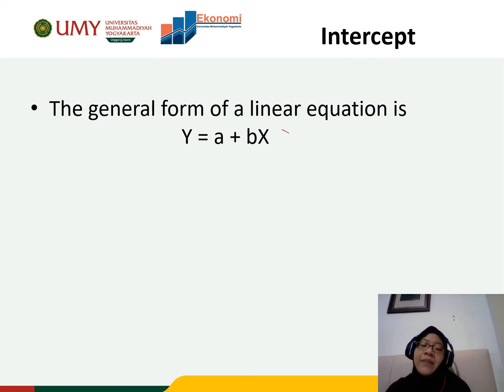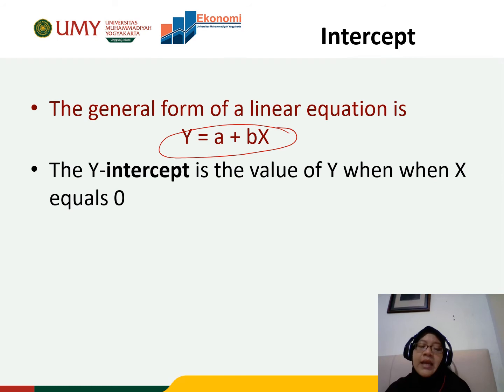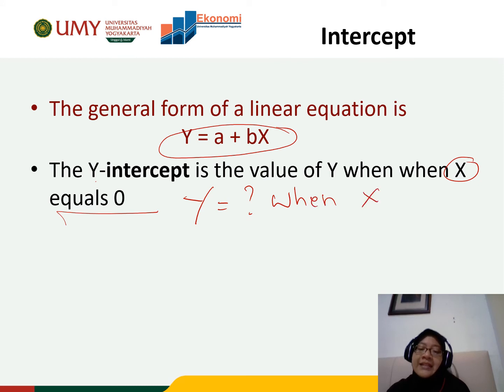The intercept comes from the general form of the linear equation. The y-intercept appears when the value of y is calculated when x is 0. So how much is y when x is 0? We call it the y-intercept.